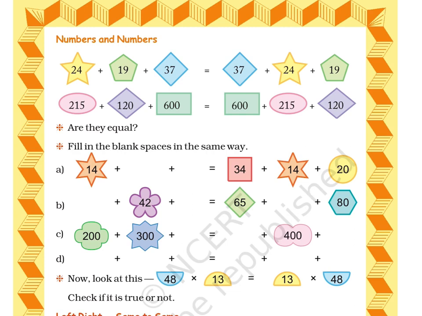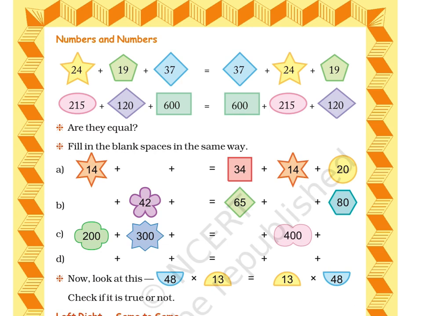Question: are they equal? Fill in the blank spaces in the same way. A. 14 plus dash is equal to 34 plus 14 plus 20. B. Dash plus 42 plus dash is equal to 65 plus dash plus 80.